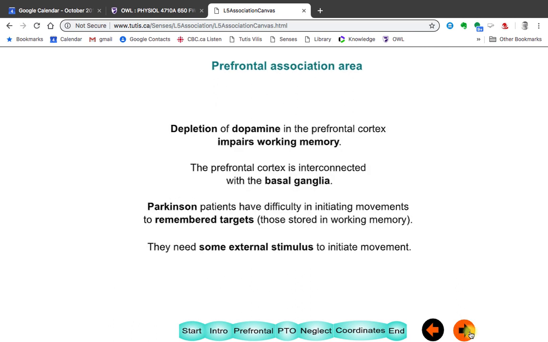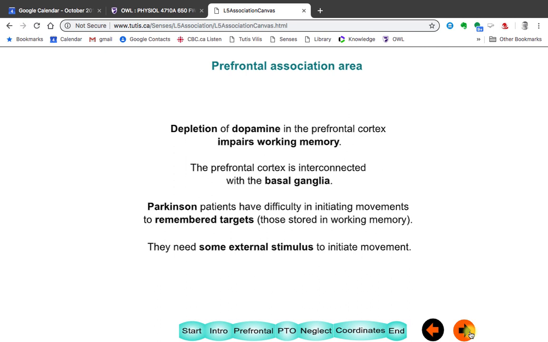Now, dopamine is important in fueling this working memory. And that prefrontal cortex is interconnected with a structure called the basal ganglia. If you have some deficit in the basal ganglia, you develop something called Parkinsonism.